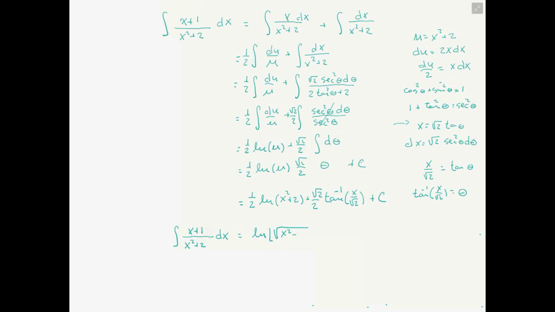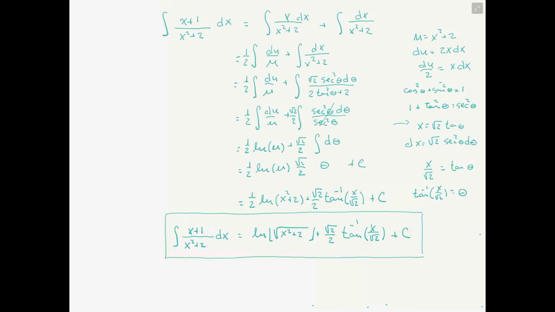So what we could do is we can write this integral x plus 1 over x squared plus 2 dx, and that's equal to the natural log of the square root of x squared plus 2 plus square root of 2 on 2 arctan of x on the square root of 2 plus a constant. And there we have it.